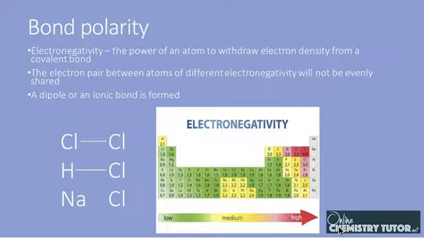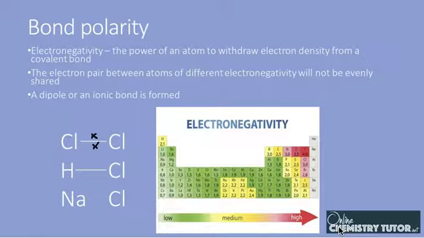So, I'd already said you've got the difference in electronegativity, which leads to the type of bonding that you get. And as a result of this, your electron pair will not be evenly shared. So in the example of a chlorine-chlorine bond, the electron pair will be exactly, on average, halfway, because there is no difference in electronegativity.